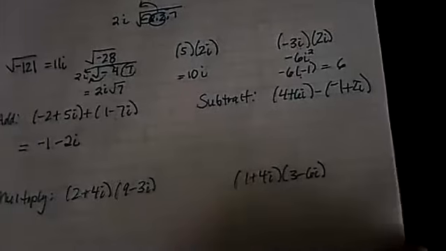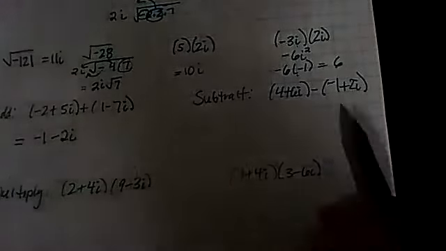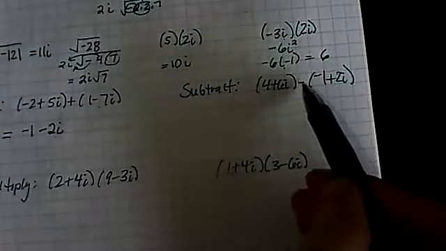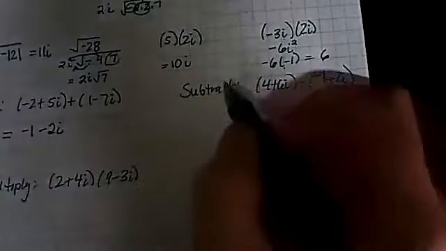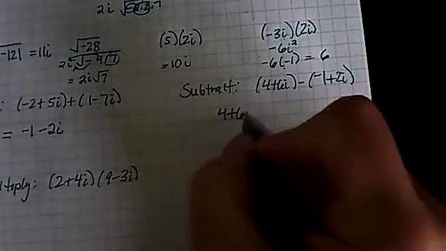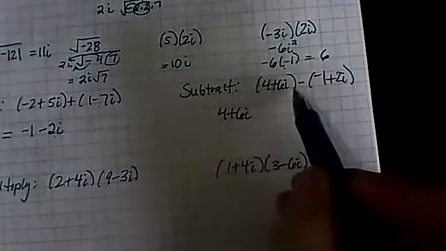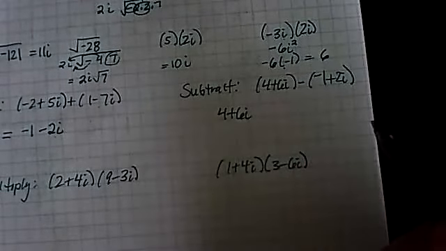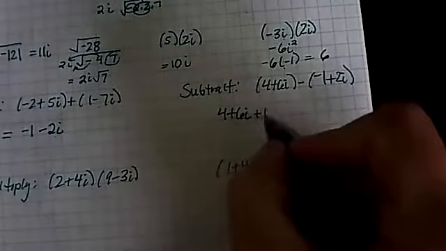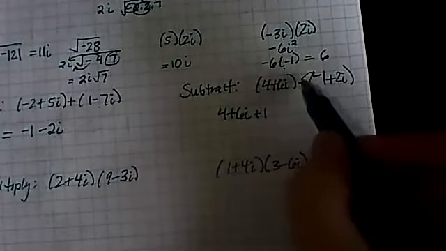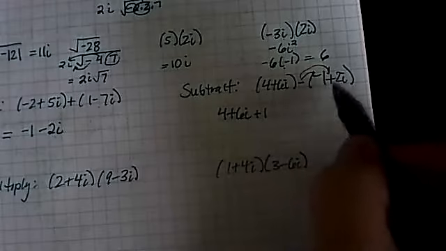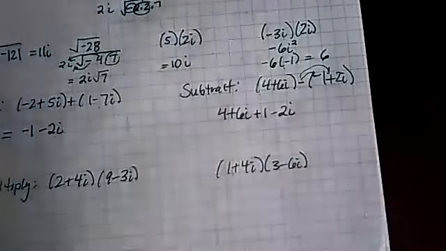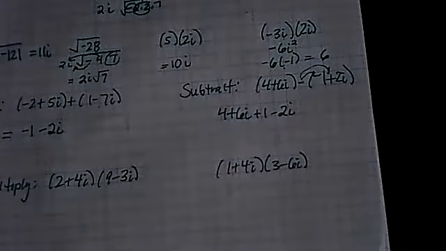All right, so subtracting. The only difference with subtracting is when we have a subtraction here, we're going to distribute that through. So let's just rewrite it as 4 plus 6i. And then this becomes -1, and if I distribute that negative through, that becomes +1. Then we distribute it here, so -2i, multiplying through by -1.